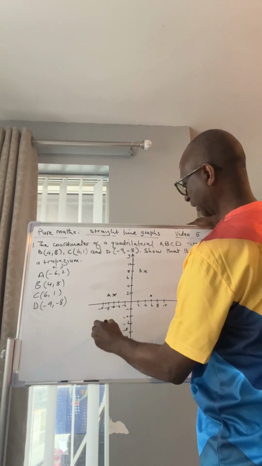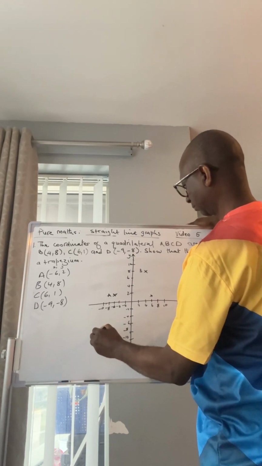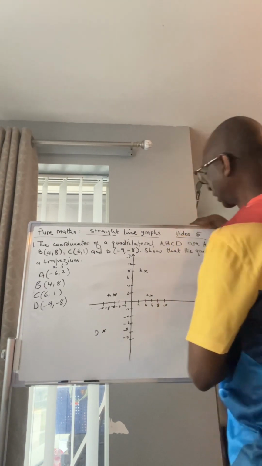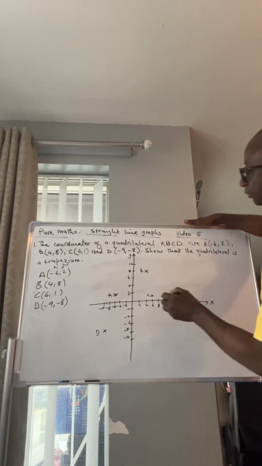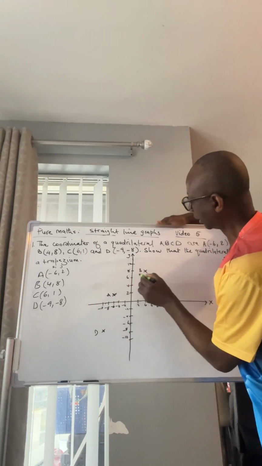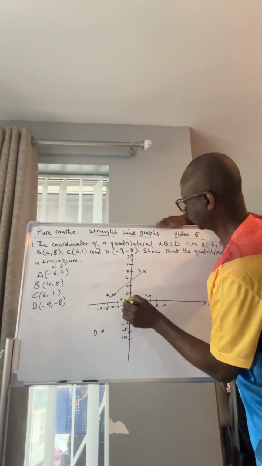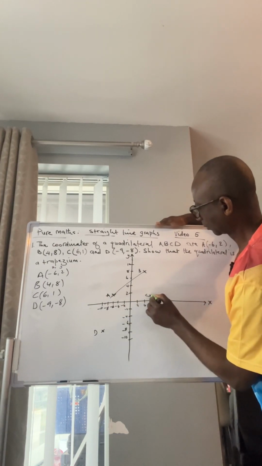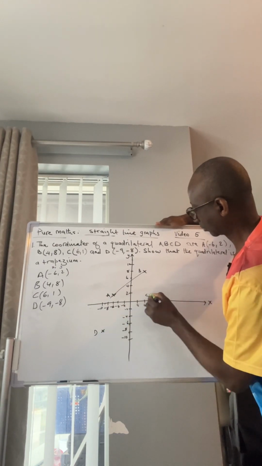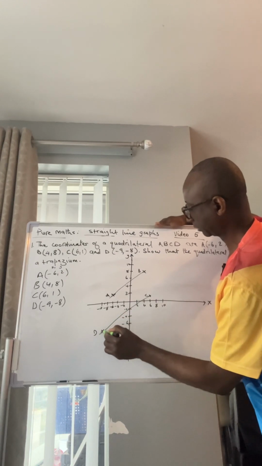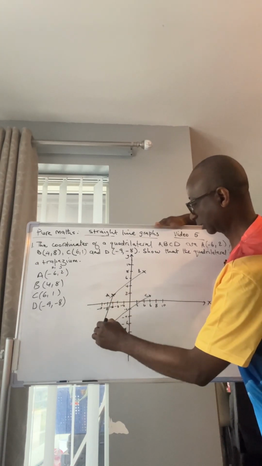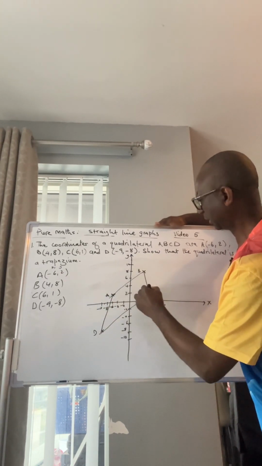Let's say they meet here, and this is D, and this is C. So now let's join these points. This one comes here. This one too goes here. And this goes there. This goes here.